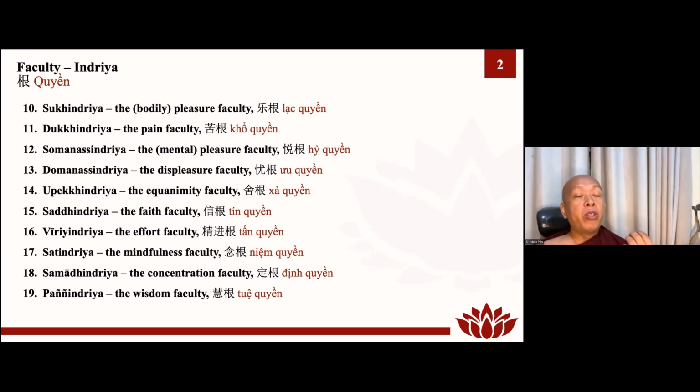Anyway, sukha means pleasant feeling in the body. If we have very fine and pleasant feeling in our body, this is called sukha. This is also called feeling, vedana in Pali. So sukha vedana is called sukhindriya, the body pleasure faculty.